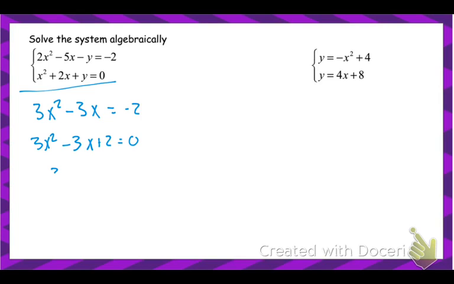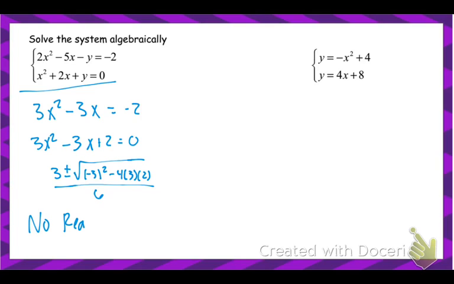So I would get negative b plus or minus the square root of b squared minus 4ac all over 2a. And you'll notice that, again, our discriminant here is going to be negative. If our discriminant is negative, we are not going to have any real solutions, which means these two graphs will not intersect.